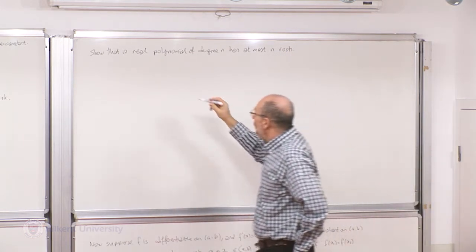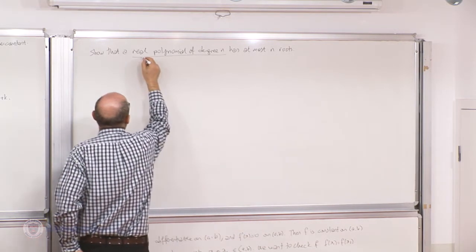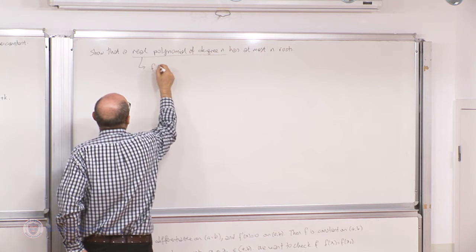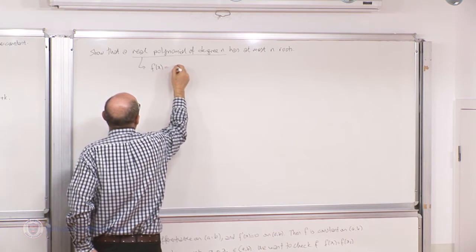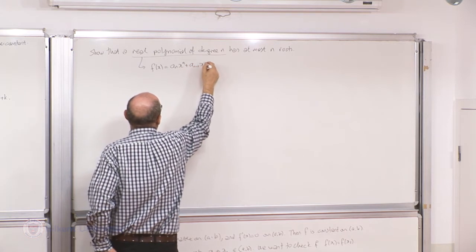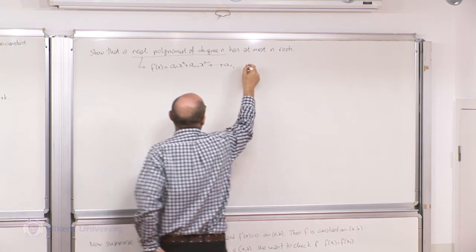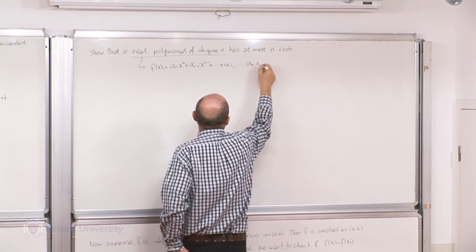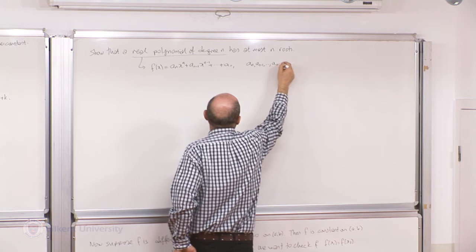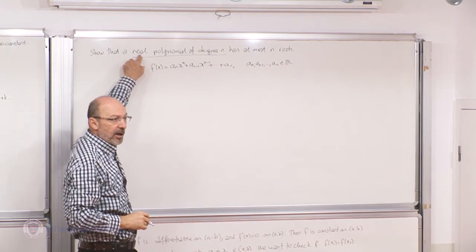Okay. Now, real polynomial of degree n means the following thing. Your polynomial, let us call it f of x, is a_n x^n plus a_{n-1} x^{n-1} plus ... plus a_0. Here a_{n-1}, ..., a_0 are real numbers. Okay, so this real comes from there.